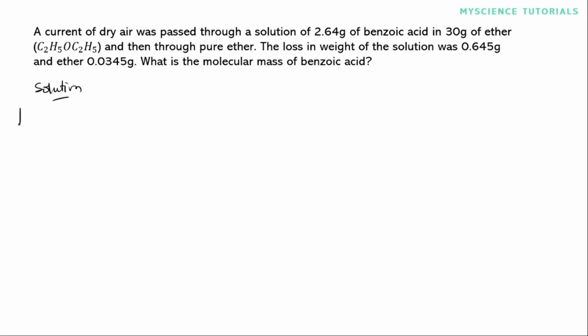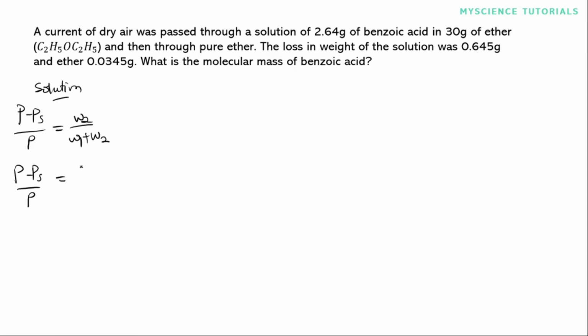So we know P minus Ps over P, according to the Ostwald-Walker method, is equal to what? W2 over W1 plus W2. Now, W2 is the loss of mass of solvent. We have the loss in weight of the solution, so this is for the solution, and this is for the solvent.